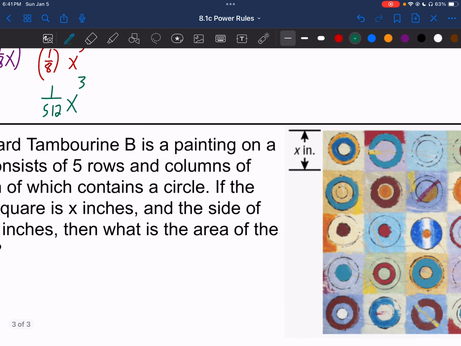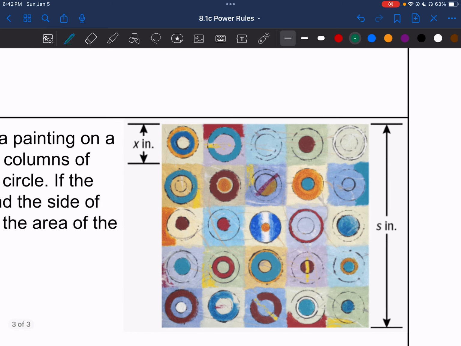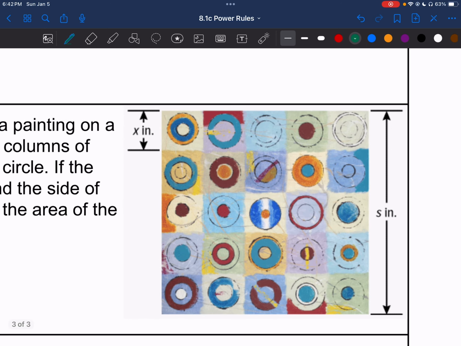All right, so first of all, the area of a square is going to be equal to the side length squared, right? Well, what is the side length? We have this whole thing is s. This whole thing is our side length. So that times that is going to give us our area.